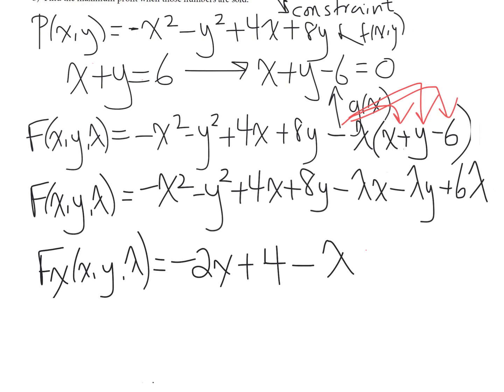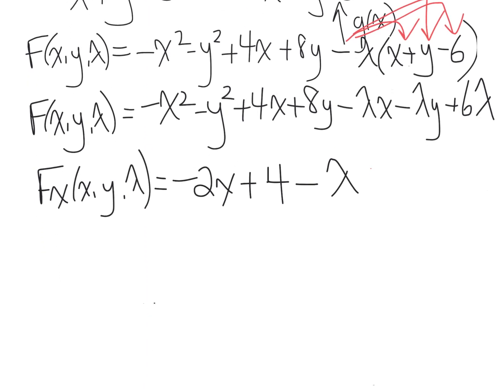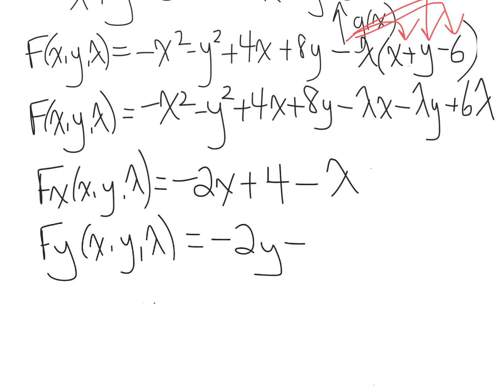We do the same with our first derivative with respect to y. See how this is coming together? Minus 2y comes from minus y squared. 8 comes from 8y, and minus lambda comes from minus lambda y.